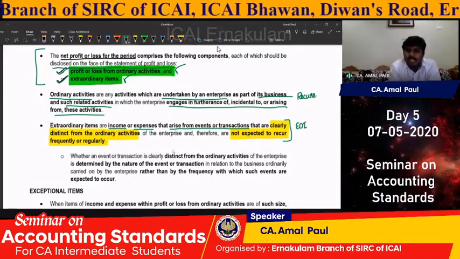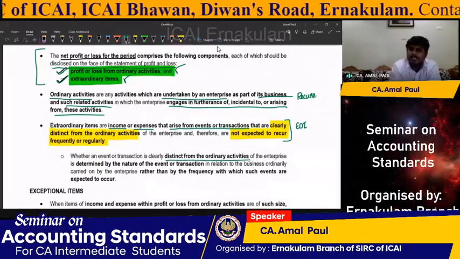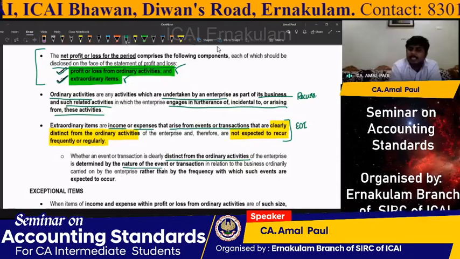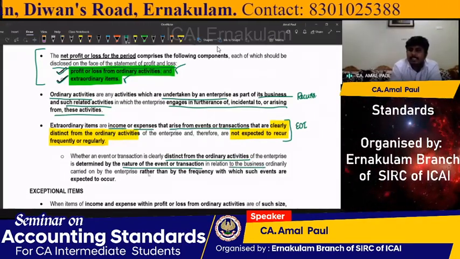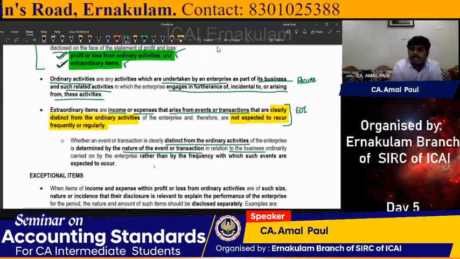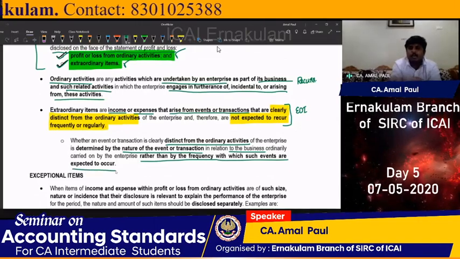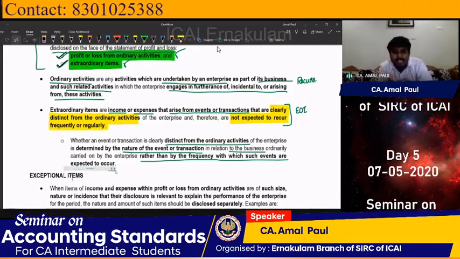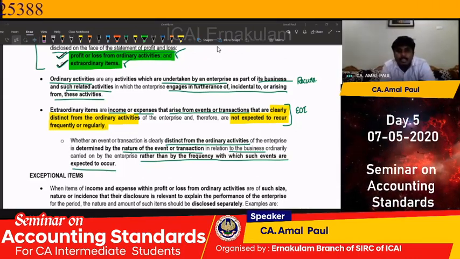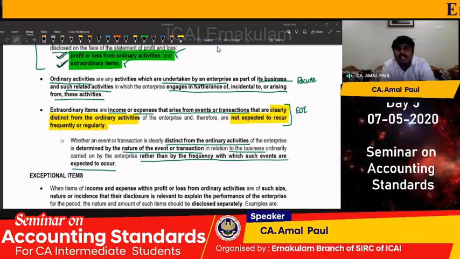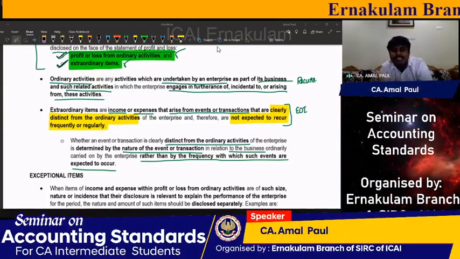Whether an event or transaction is clearly distinct from ordinary activities is determined by the nature of the event or transaction in relation to the business ordinarily carried out, rather than by the frequency with which such events are expected to occur. Whether it is in the ordinary course of business or not is based on the facts and circumstances of each enterprise.